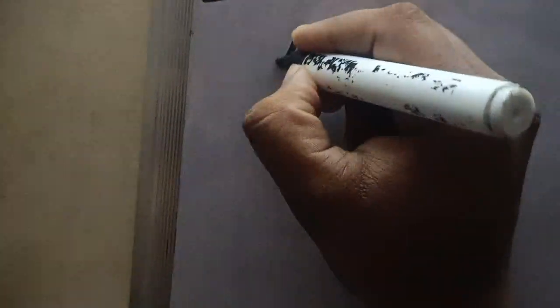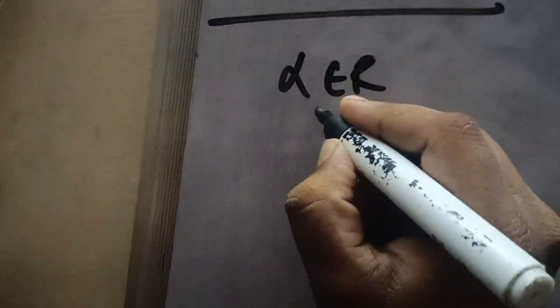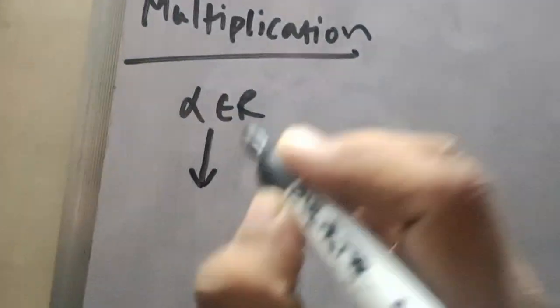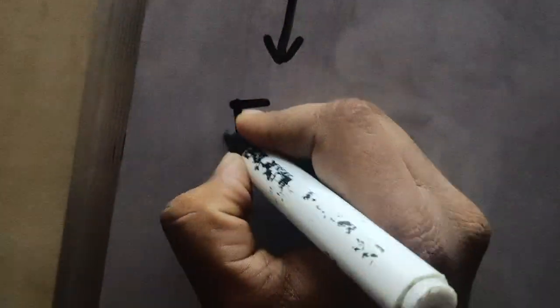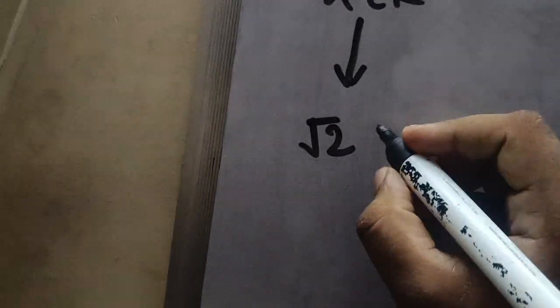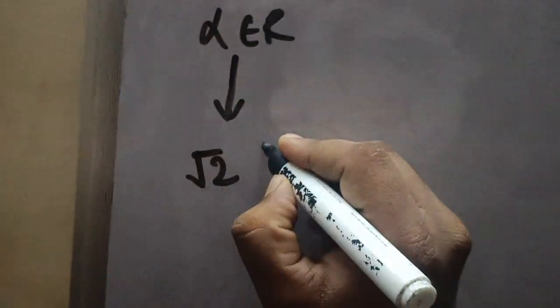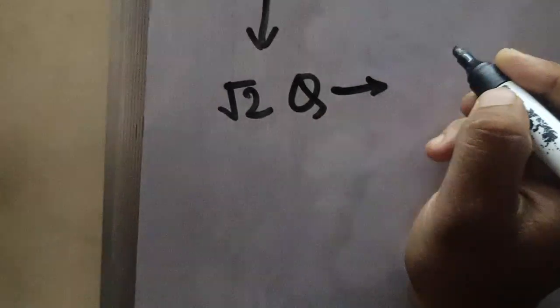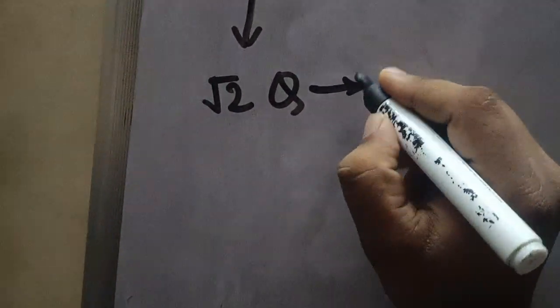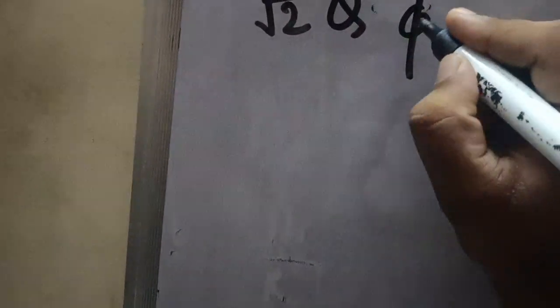When you take alpha, which is a real number, for a specific scenario, let's take alpha as root 2. When you multiply root 2 to a rational number, the result will not be a rational number.